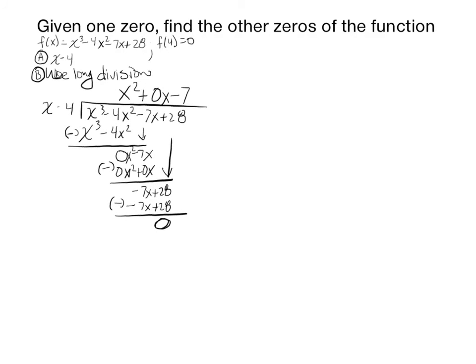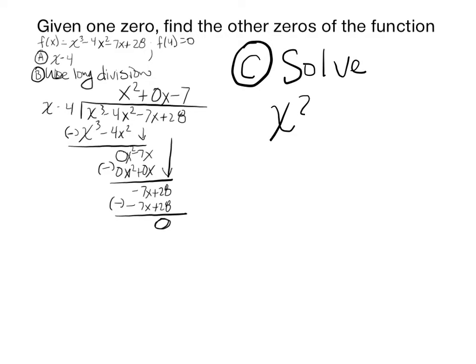So after you use long division, then you have a factor and you have another factor that's a quadratic. Now in order to find the other zeros, you're going to use this quadratic. And you're going to solve the resulting quadratic from dividing.